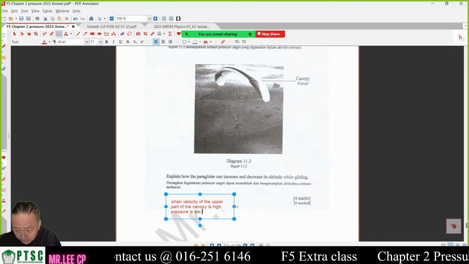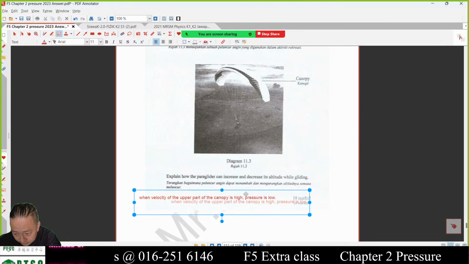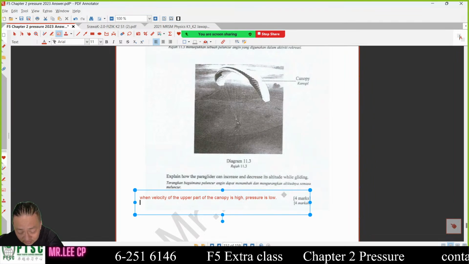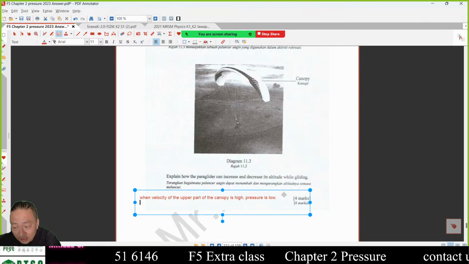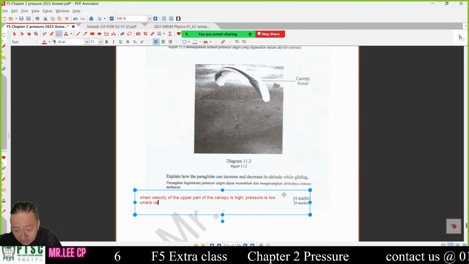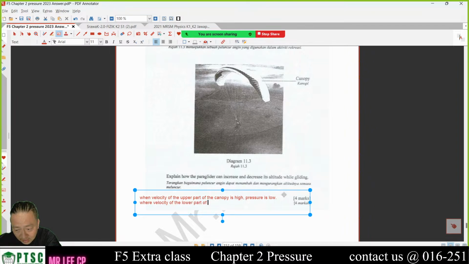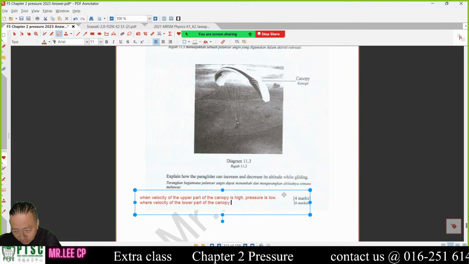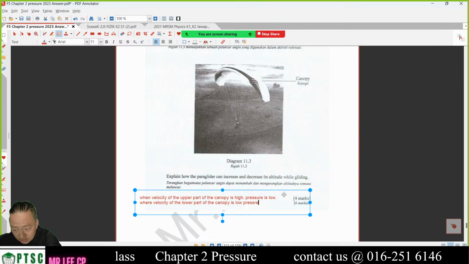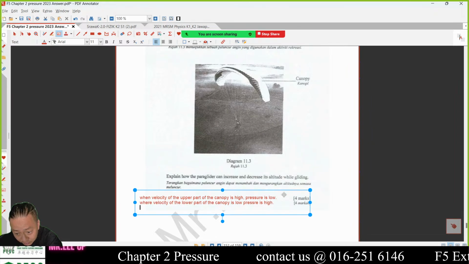This is still one sentence. Velocity of the lower part of the canopy is low, pressure is high. This will probably give you 1 mark.